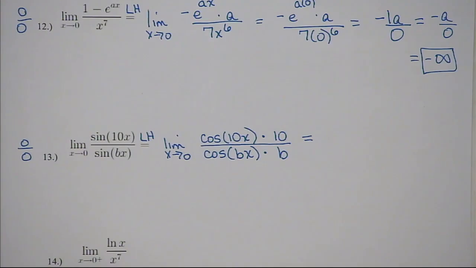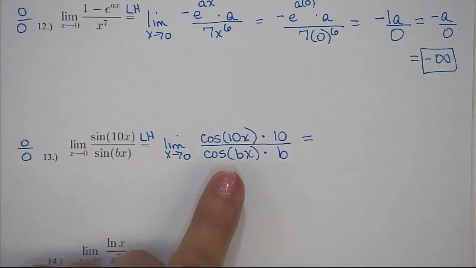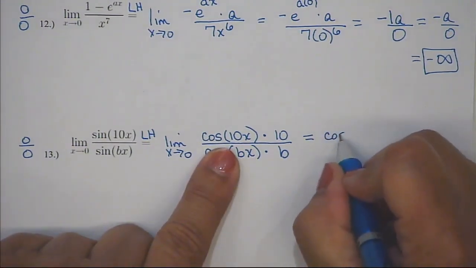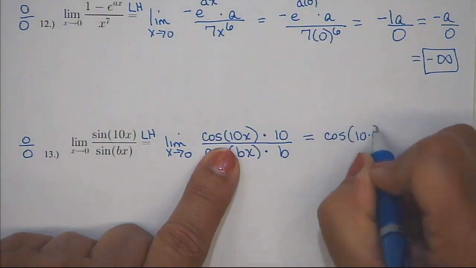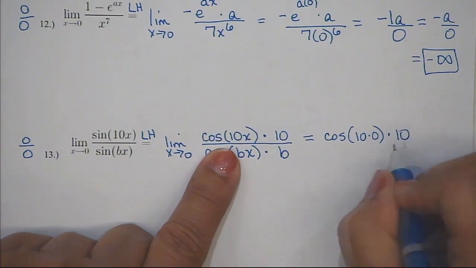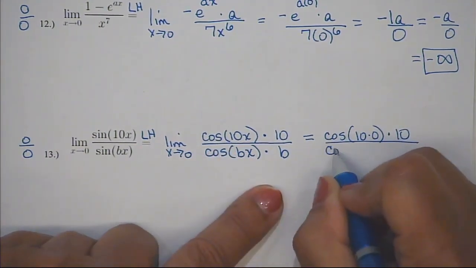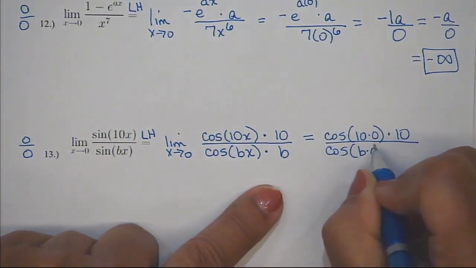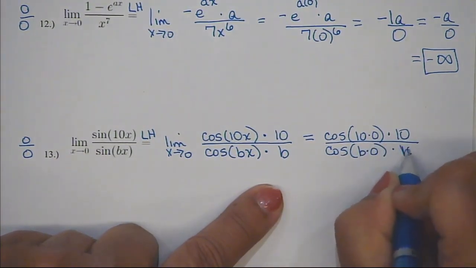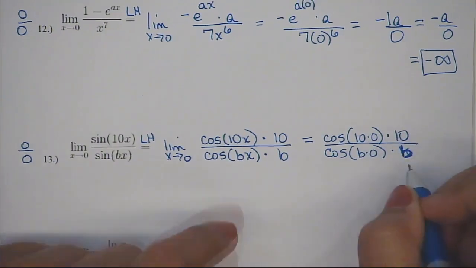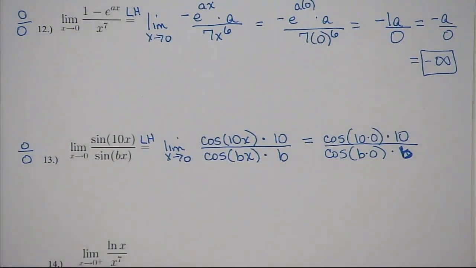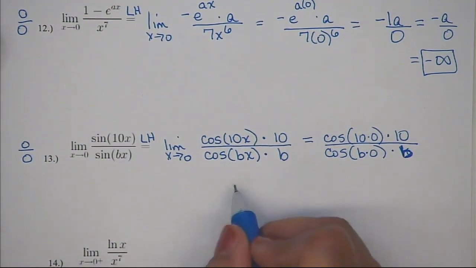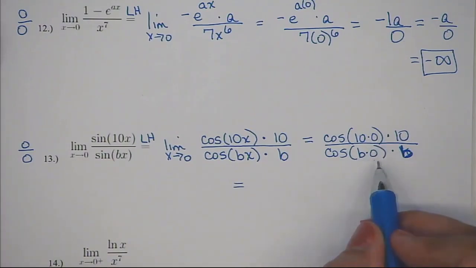All right, so now you're going to plug in 0. So we're going to do the cosine 10 times 0 times 10. And then the cosine of b times 0 times, oh, times b. Oops. All right, so that's going to end up giving you 10 times 0, 0, b times 0, 0.